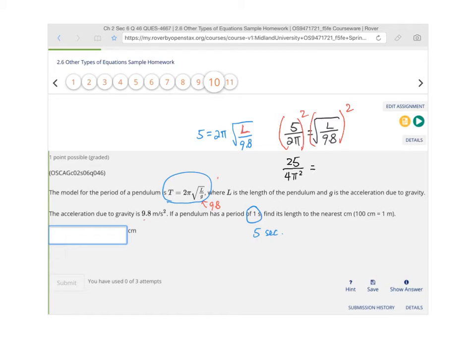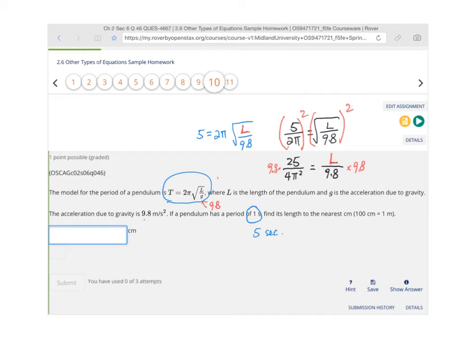And my right hand side is a square root and then squared, so they cancel out with each other, and I have L over 9.8. Keep in mind you're going to solve for L. So the next step is to eliminate 9.8 by multiplying both sides by 9.8, or the other way to think about it is you cross multiply.